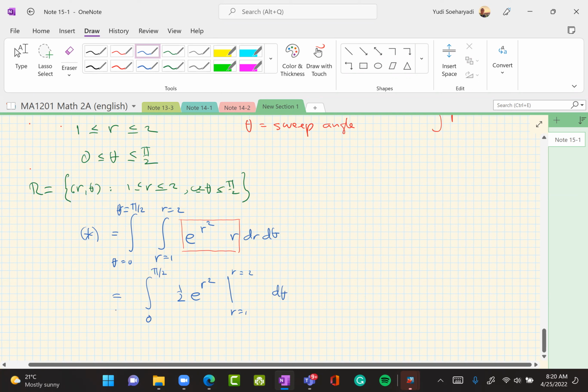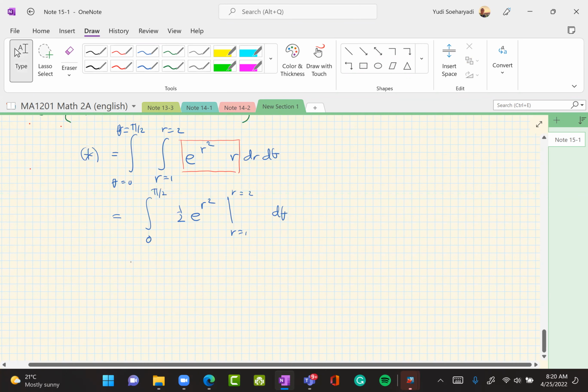Okay, so everything is in terms of r, there's no dependence on theta. So just multiply by theta, so pi over 2. And here we just have 1/2, another 1/2, so 1/4. Without simplification, just pi over 2 from here.